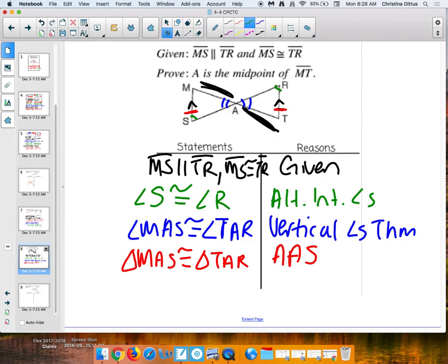MA and AT are congruent. Why do I know that those sides are congruent? Because A is the midpoint of MT.